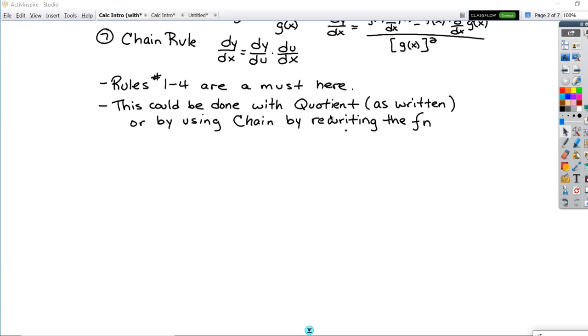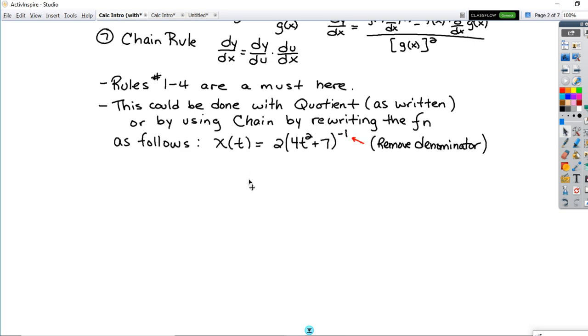But you could use the chain rule if you rewrite the function like this, because you can remove the denominator by taking that denominator and raising it to the power -1, which brings it into the numerator. And so now we have a situation like we dealt with before, where we could use u sub and then do a more simple power rule with the u sub function.